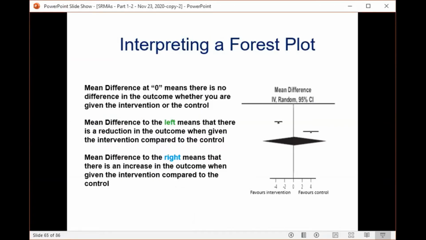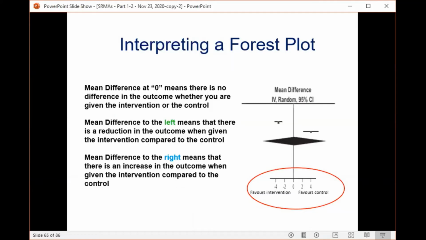To interpret the forest plot, first take a look at the scale at the bottom. The 0 means that there is no difference in outcome whether you are given the intervention or the control. To the left means that there is a reduction, and to the right means that there is an increase in the outcome when given the intervention compared to the control.